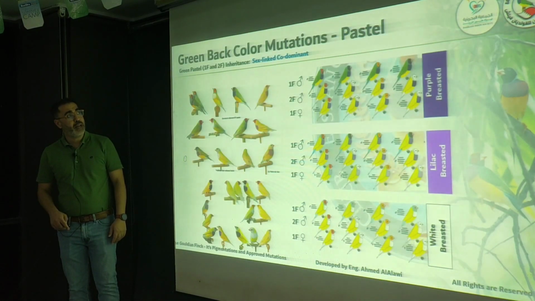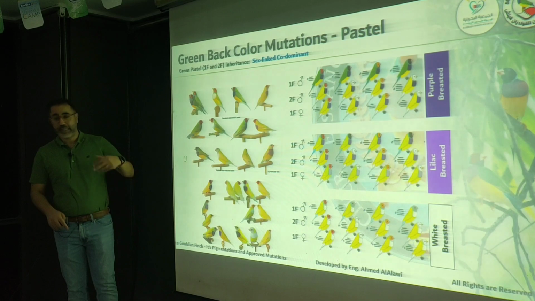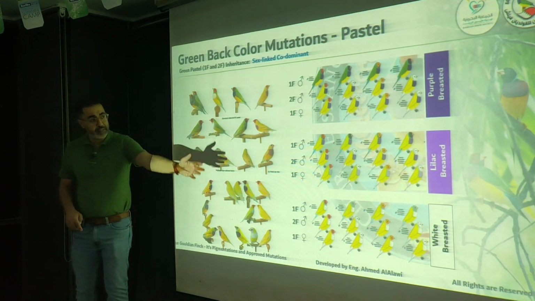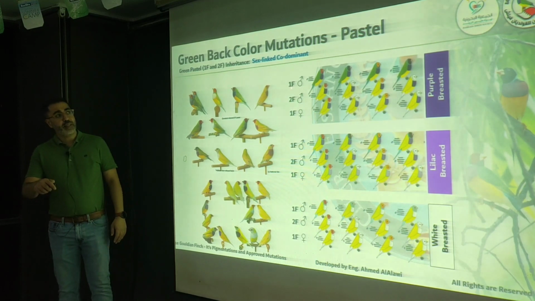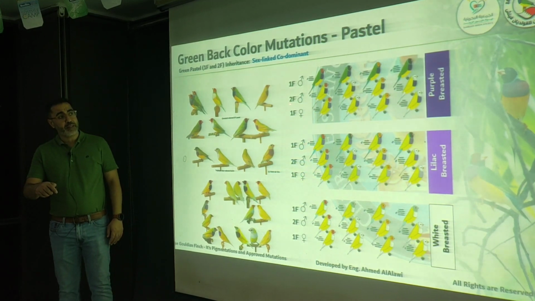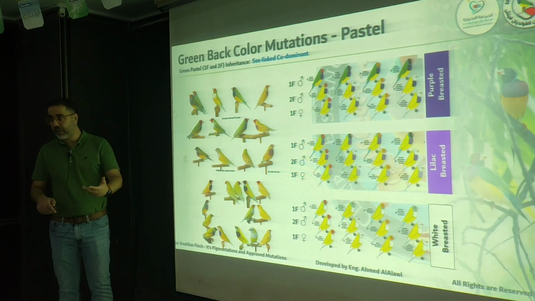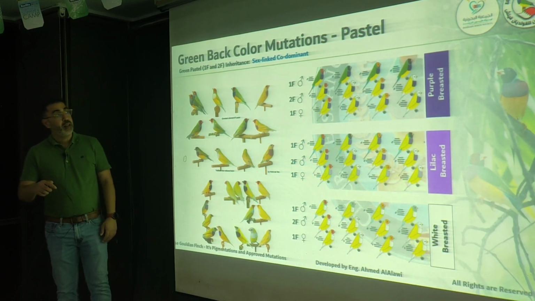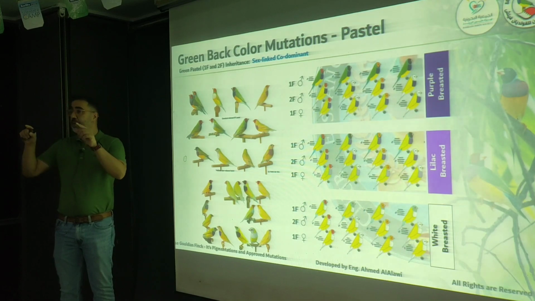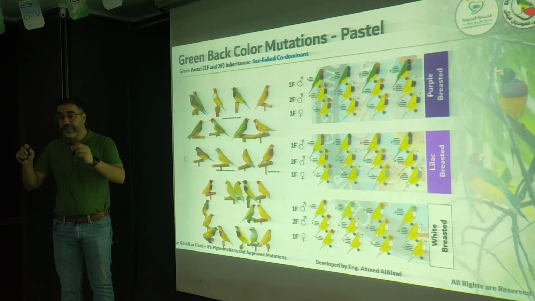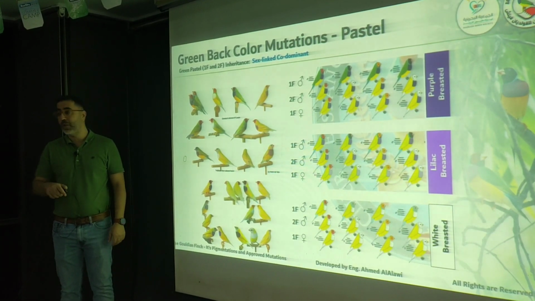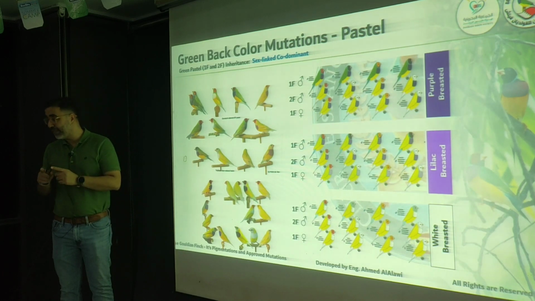Then, from there, we talk about pastel green. We have several pictures and symbols, whether it is single factor or double factor. And of course, the female is always single factor because she carries only one sex chromosome. So for those of you who say pastel, the inheritance here is sex-linked codominant.